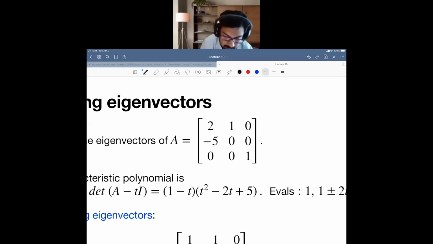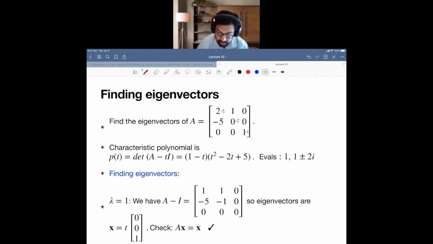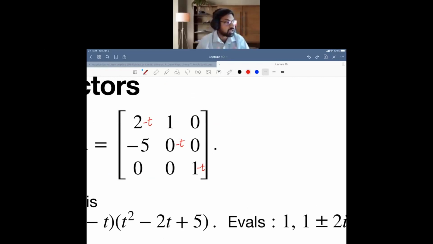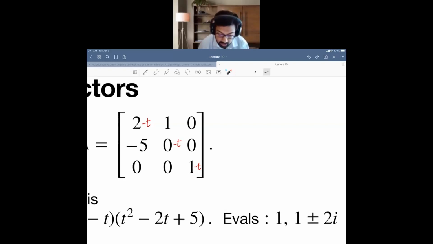So the first step being A minus tI. So you're doing a minus t there, and a minus t there. Then you find the determinant. Now in this case, it is convenient to take this and expand it on the basis of that, right? You can do the cofactor expansion using any row or any column. But because you know that the third row and the third column here have 2 zeros, all you need to do to find the determinant is expand using the third row or the third column.